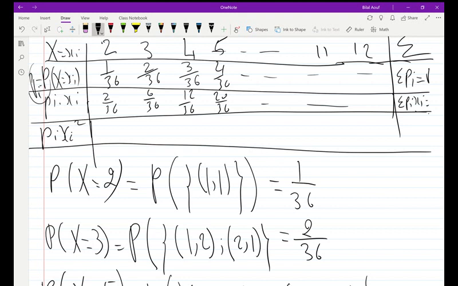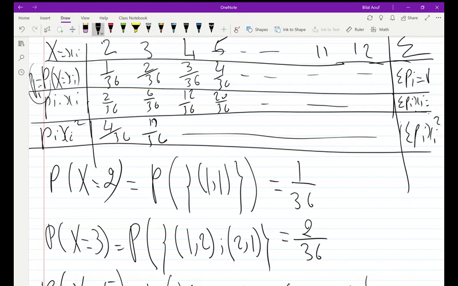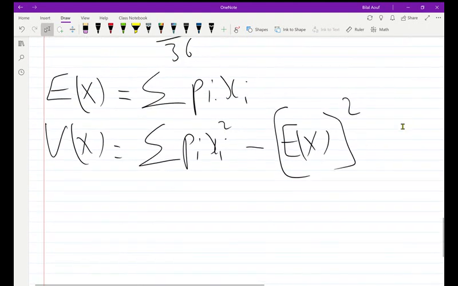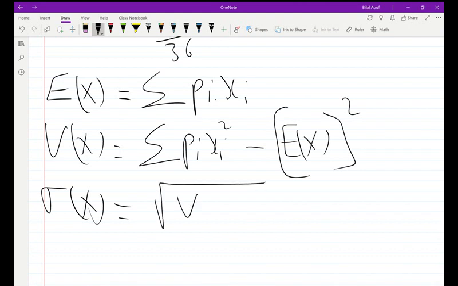So I multiply again, 2 times 2, 3 times 6, to obtain 4 over 36, 18 over 36, all the way, and I obtain the summation here, pi xi square. This is a second formula for the variance. The standard deviation, sigma x, is the radical of V(x). Always sigma x must be a positive value.